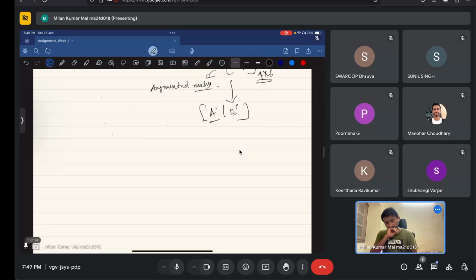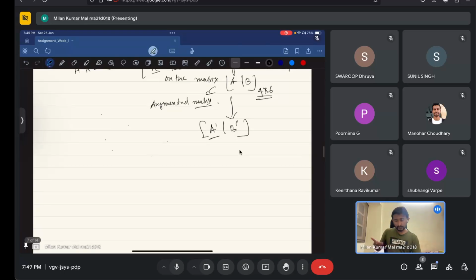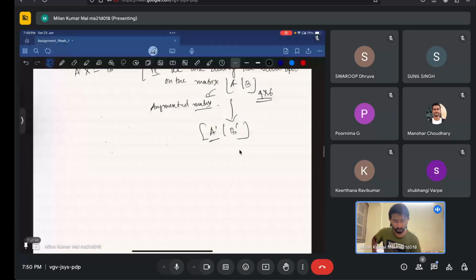That can be given in a different way, that is by rank or number of non-zero rows.